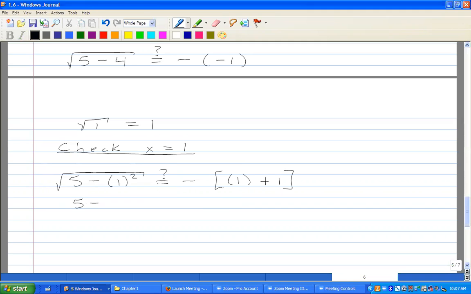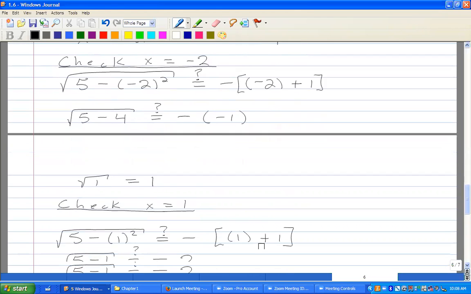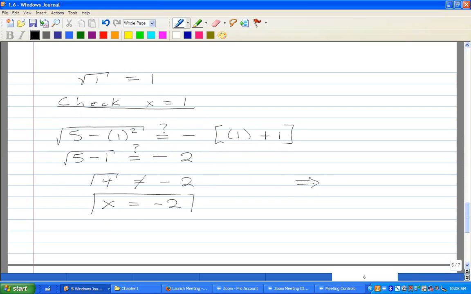Is 5 minus 1 equal to negative 2? Is the square root of 4 equal to negative 2? The answer is no. It's not equal to negative 2. Therefore, x equaling 1 is not a solution. And so the only solution here was x equaling negative 2. And that is the solution to my equation.